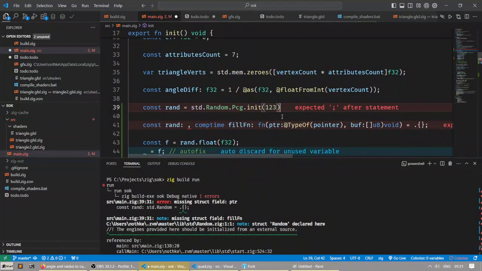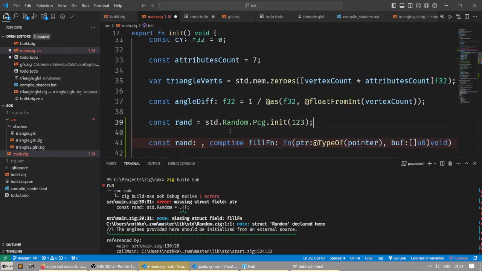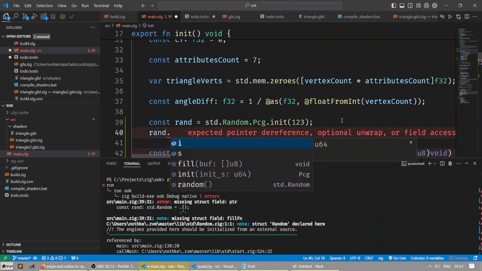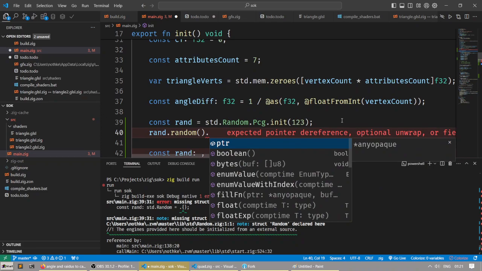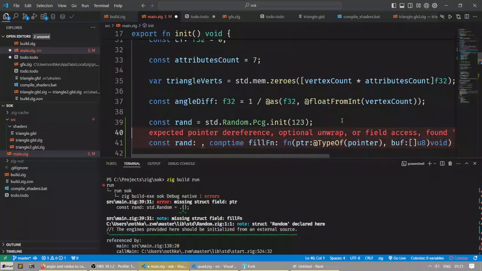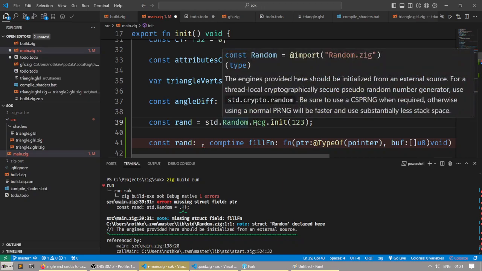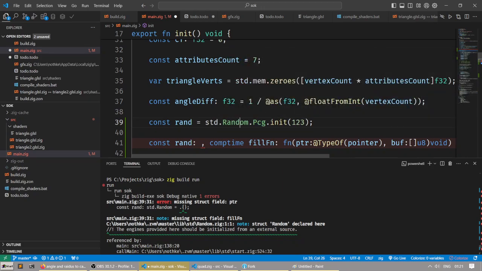So yeah, I can do whatever. 1, 2, 3. Init, and that actually returns a PCG, which then we can... Oh, so this is... Yes, I see. This is actually an interface. Random is an interface that PCG uses.